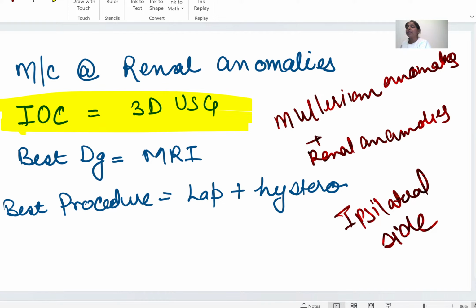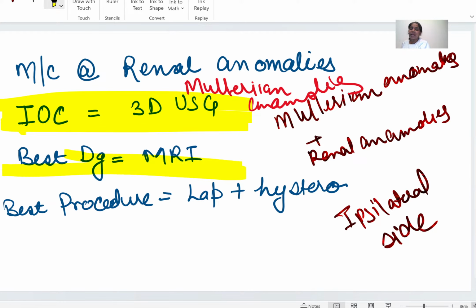This is not for the renal anomalies, this is for the Mullerian anomalies. This has not been asked, but it can be asked. The investigation of choice is 3D ultrasound, and the best investigation is MRI. This was a PYQ.